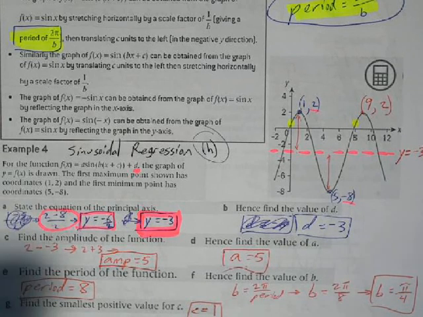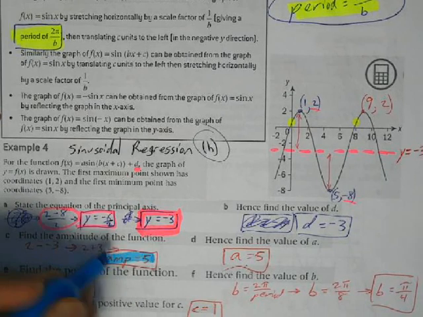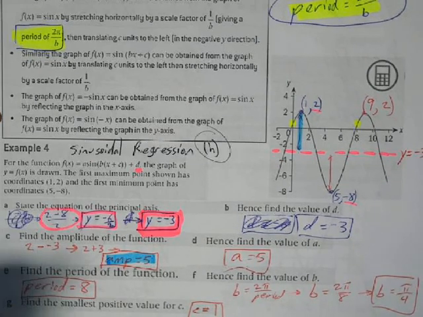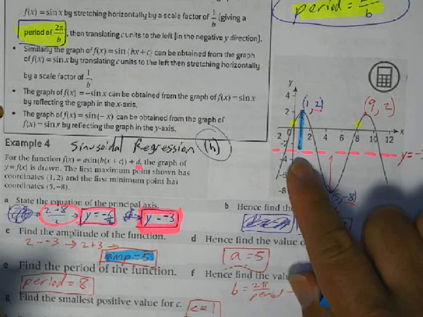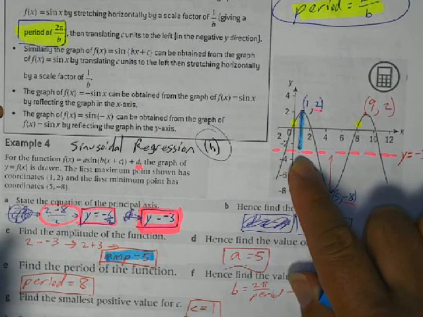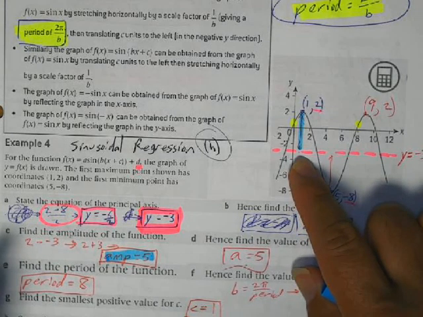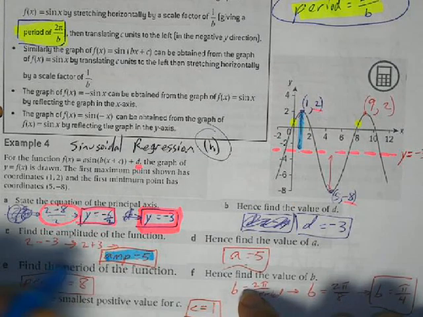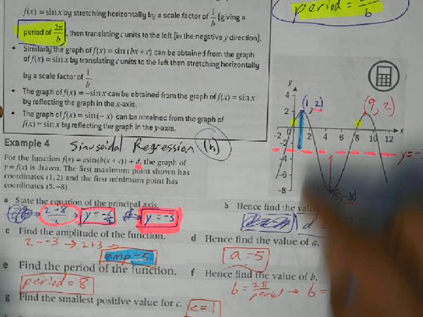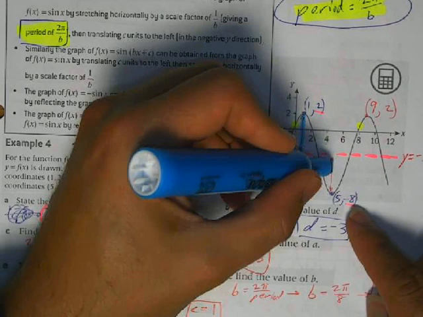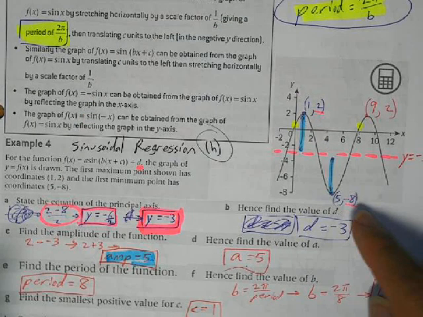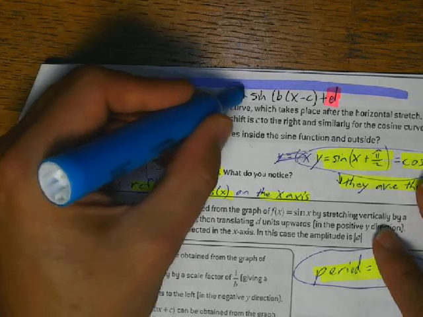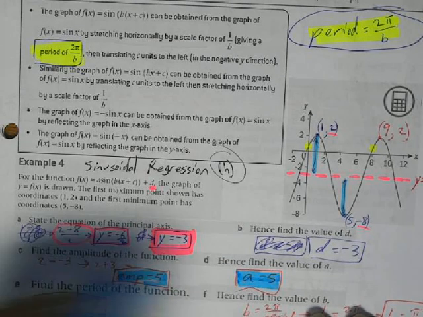The amplitude is the distance from the principal axis to the top. So if I know the principal axis is at -3, the distance between -3 and 2 is going to give me 5. And the distance from here to here is also 5. So this a value here is the amplitude, and the amplitude here is 5.